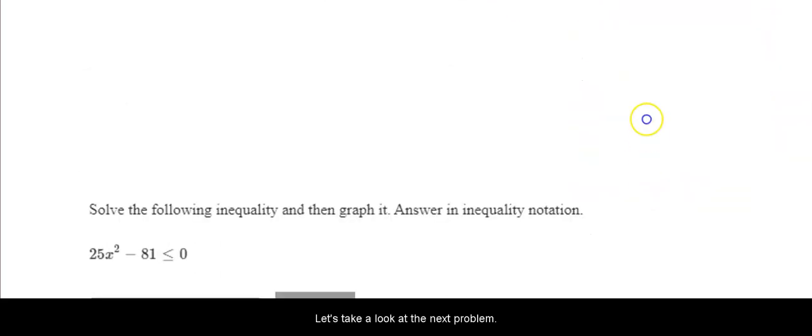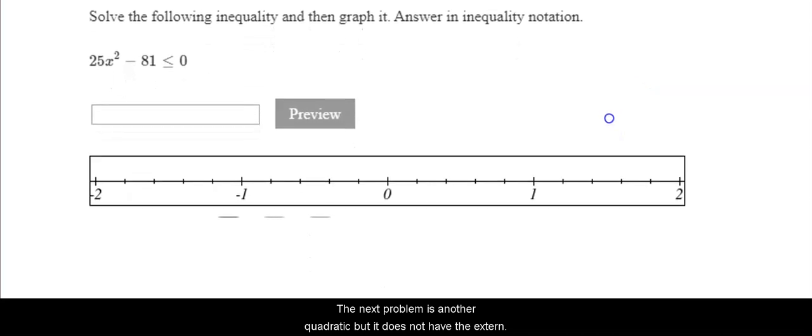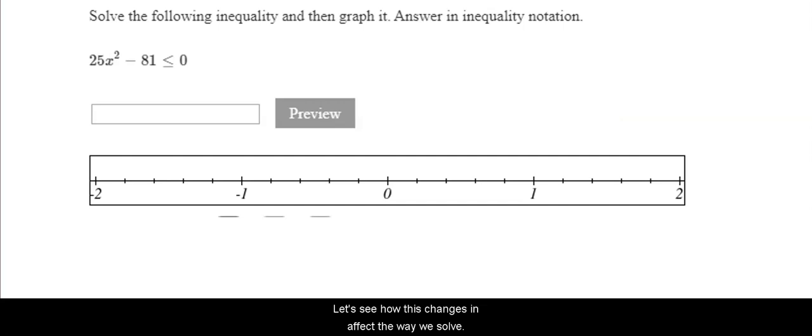Let's take a look at the next problem. The next problem is another quadratic, but it does not have the x term. Let's see how this changes and affects the way we solve it. In this case, I again have 0 on one side by itself. All I need to do, if possible, is factor it.